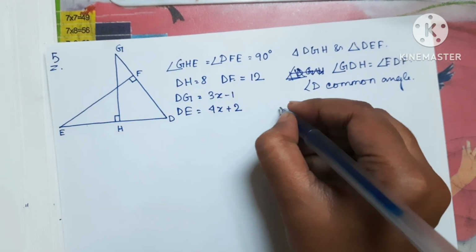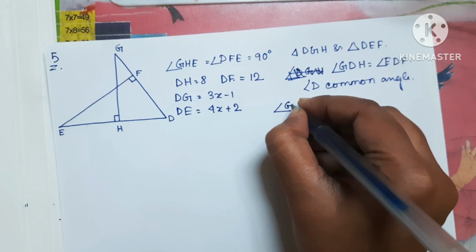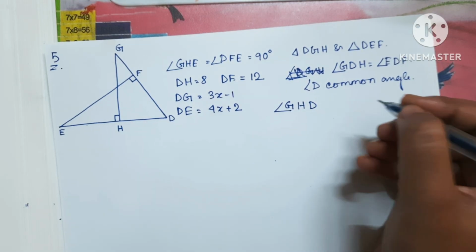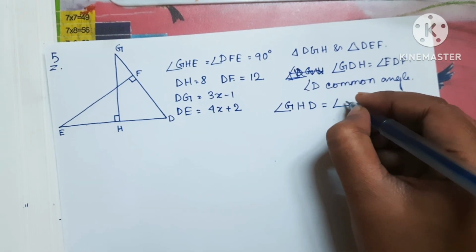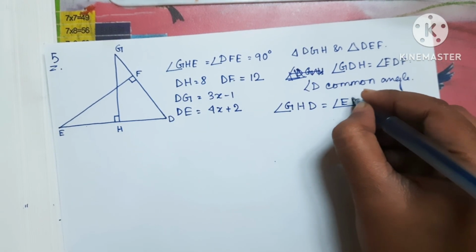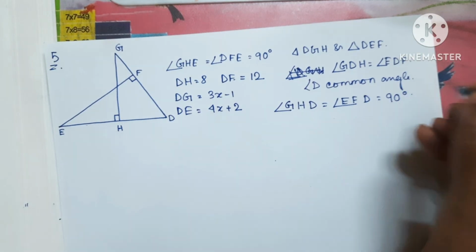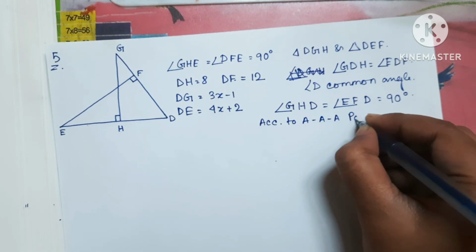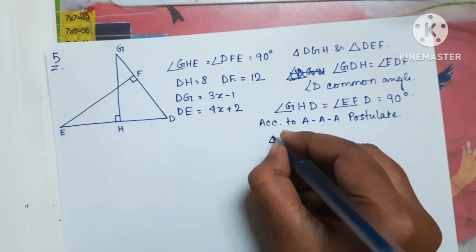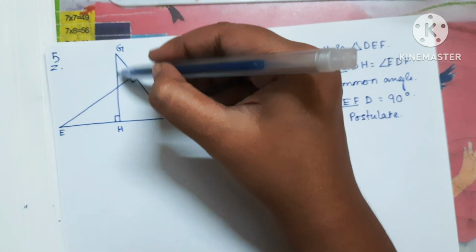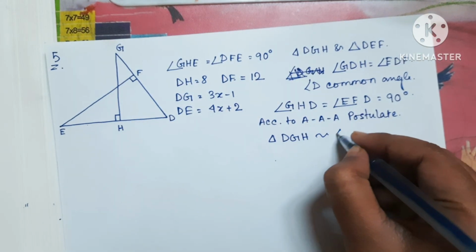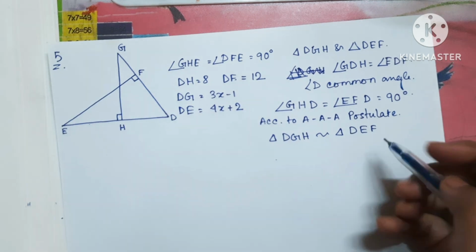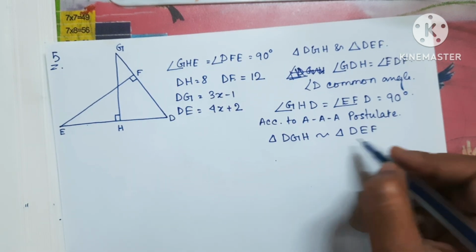And angle GHD is equal to angle EFD is equal to 90 degrees. So according to AAA postulate, triangle DGH is similar to triangle DEF. Okay, so these two are similar.